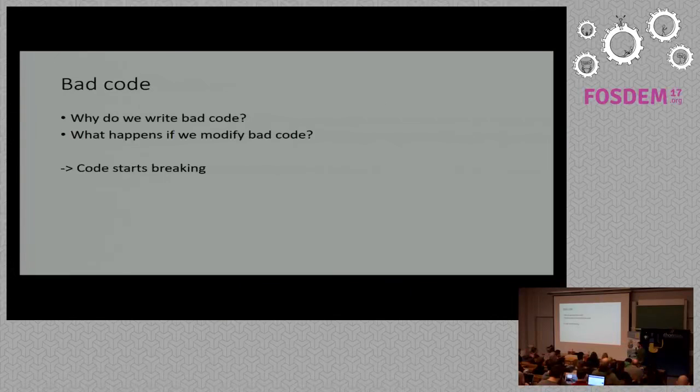But the consequence of that is that actually it's having that bad code that slows us down. Because making changes to bad code is difficult, because sometimes maybe you want to try to change one thing in one place and something else in a completely unrelated place starts to break.